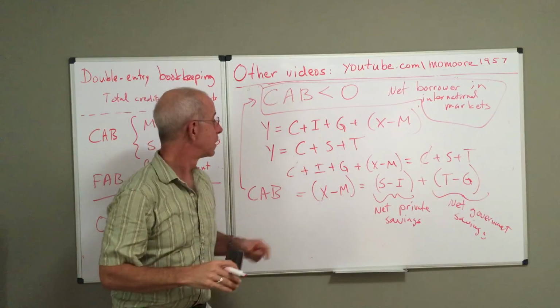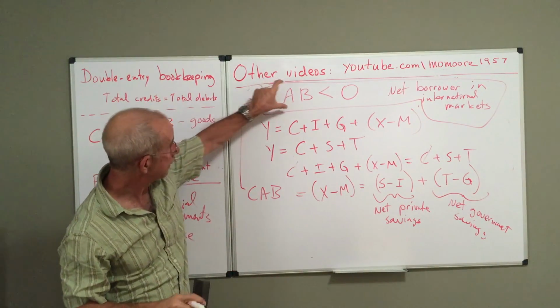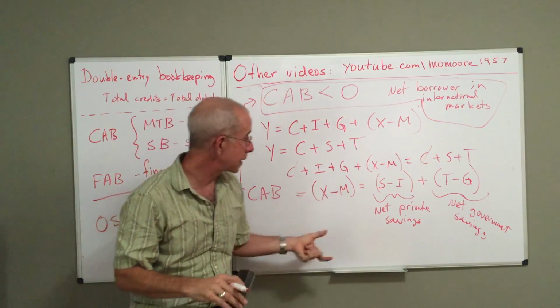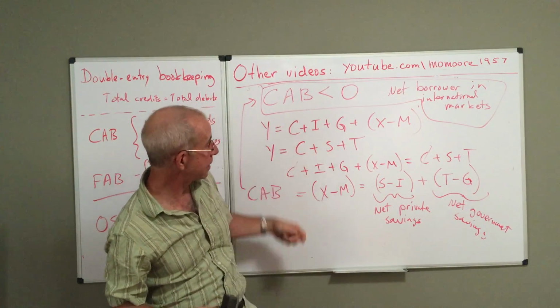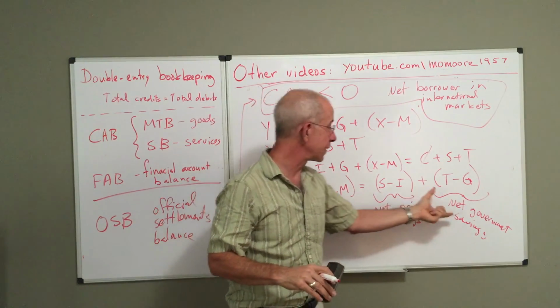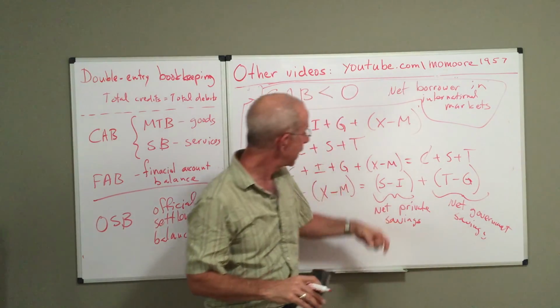Now, let's take a look then at this relationship written in a slightly different way. The current account balance, based on these national income accounts, is equal to net private savings plus net government savings.